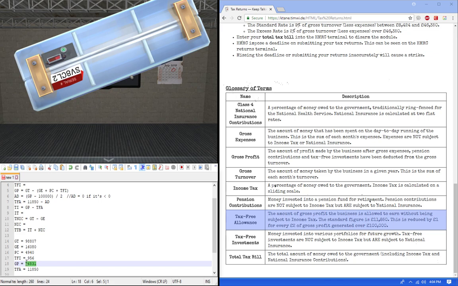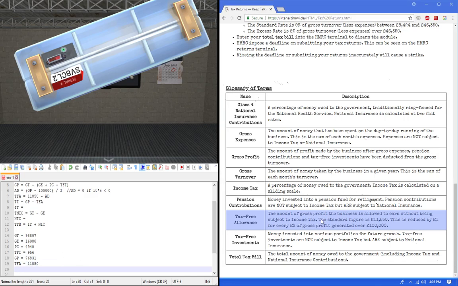Our gross profit is 76,831. No number is above 100,000. But if the gross profit was over 100,000, I would take gross profit minus 100,000, divide by 2, round it down, and then subtract that from our tax-free allowance of 11,850.